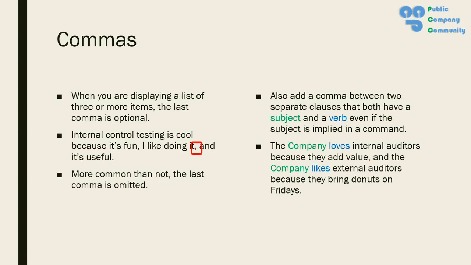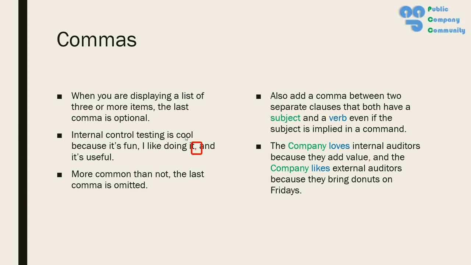All right, comma usage. Now this is kind of all over the place in SEC filings. People will put commas wherever they feel like it a lot of times, but there are a few rules that really should be followed when you're talking about commas. So when you have a list of 3 or more items, the last comma is optional. So let's look at this example.